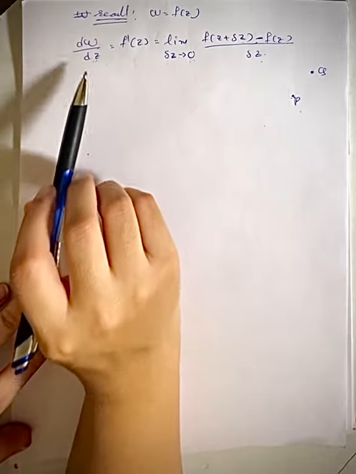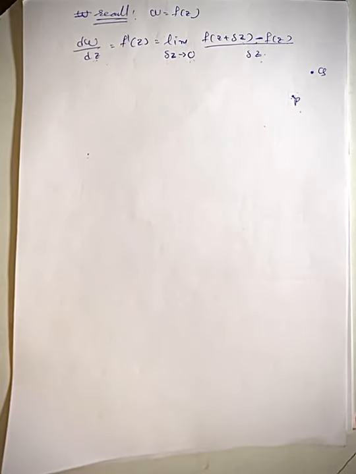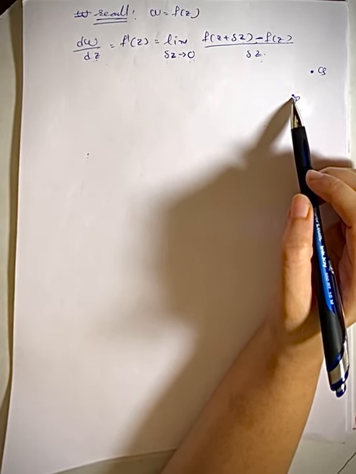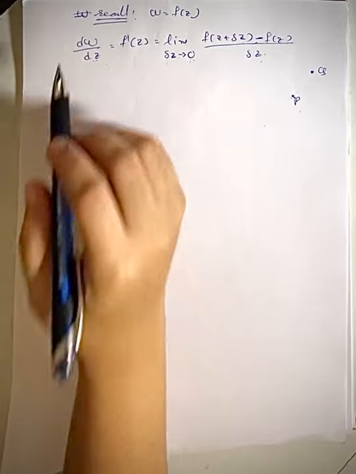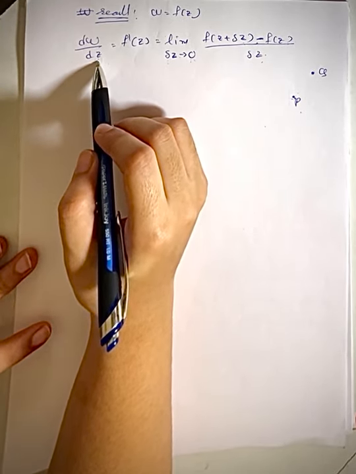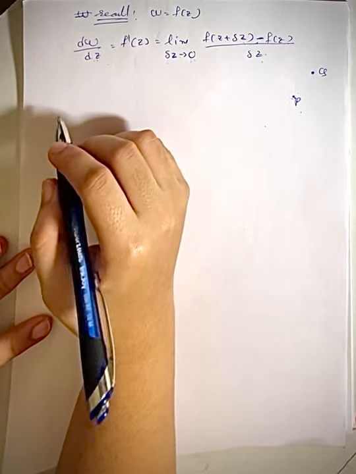So in order to make sure that while moving on that path delta z approaches 0 but at the same time delta w by delta z also exists, we defined two conditions.